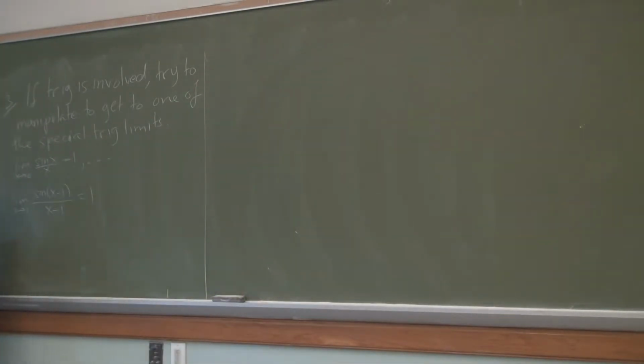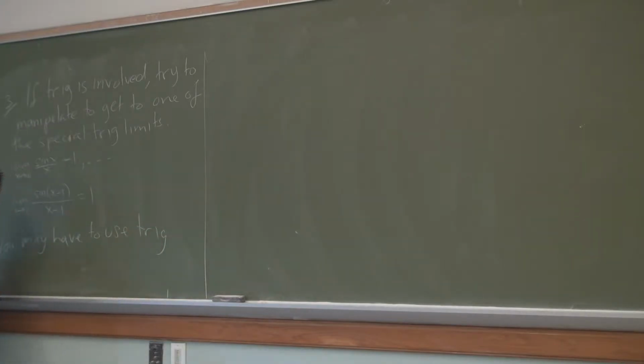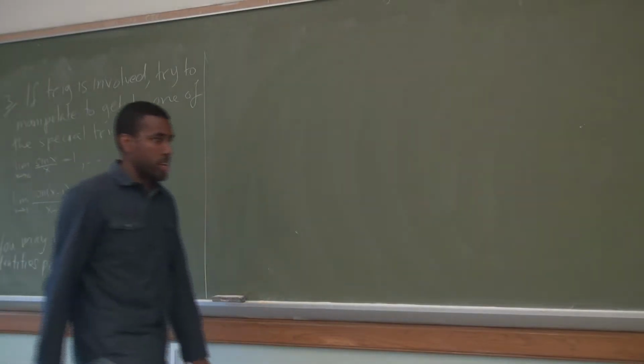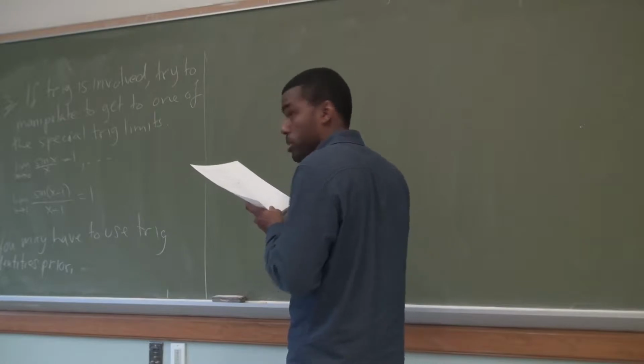And of course, you may have to use trig identities prior. So yes, you are expected to remember your half-angle formulas, your Pythagorean identities, all that. They would expect you to know this, and be able to manipulate them.